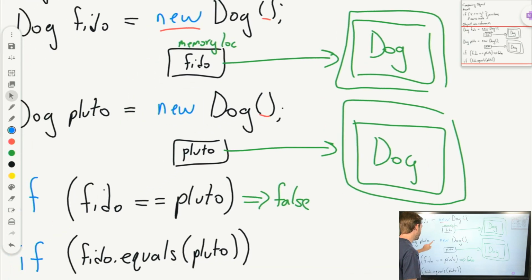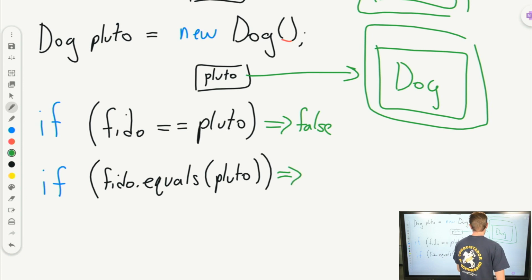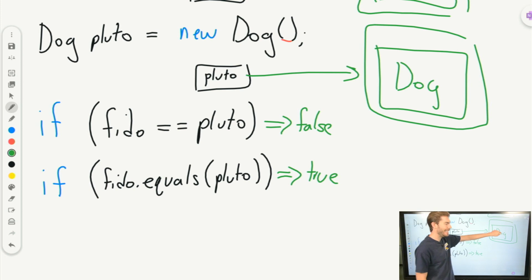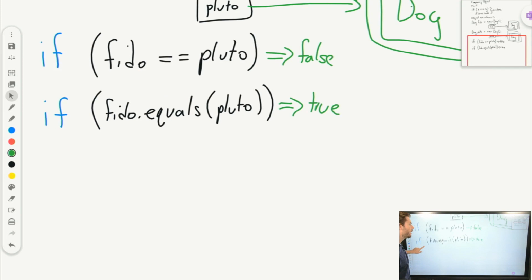So we have our default dogs, and this would evaluate to true, because it's now checking the contents of the box. It's going into the box to look for the answers. And it's not just checking that the boxes are the same box.